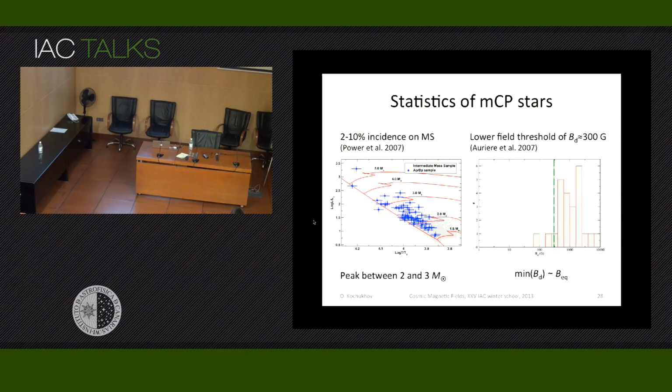The minimum dipolar field strength is of the order of the equipartition field in these stars. There is an idea why that is. It's because there is an interplay between differential rotation and magnetic field. These A-type stars tend to be differentially rotating when there is no magnetic field.